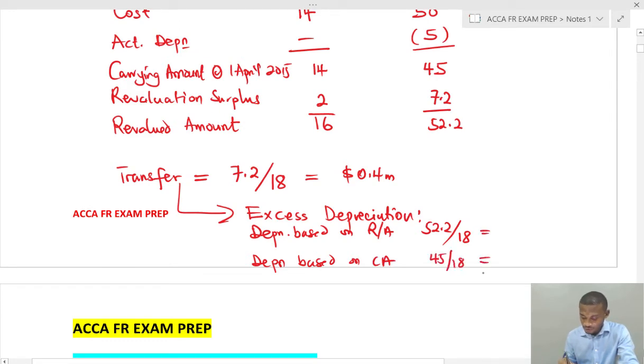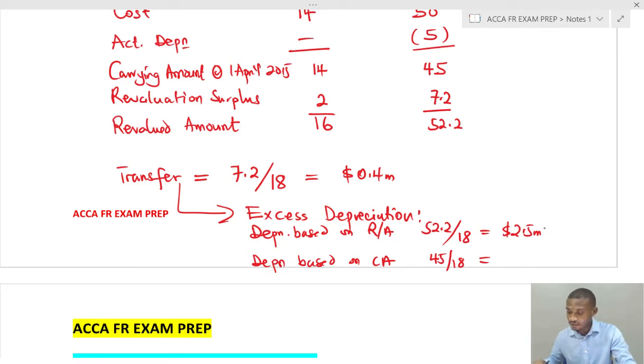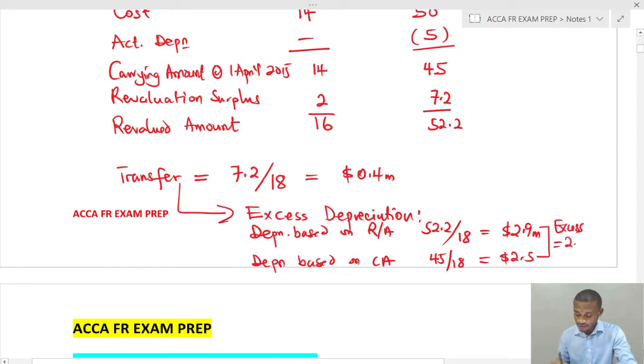So let's check these two. 52.2 divided by 18, this is 2.9, and 45 divided by 18, this is 2.5. Now the excess is the difference, so now your excess is equal to 2.9 minus 2.5, and that is also equal to 0.4 million. So this is how we account for the excess.